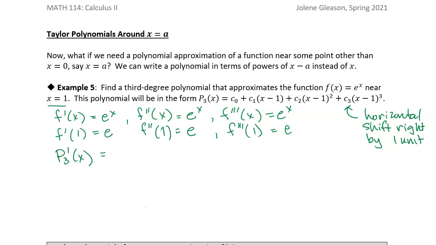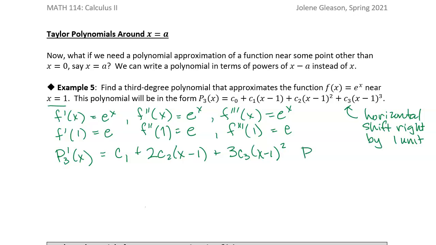The constant becomes 0. The derivative of c1 times x minus 1 is just c1. Then we have plus 2c2 times x minus 1 plus 3c3 times x minus 1 squared.